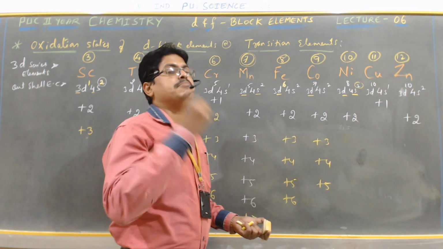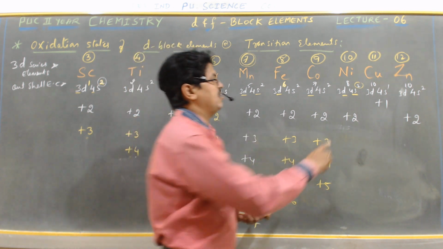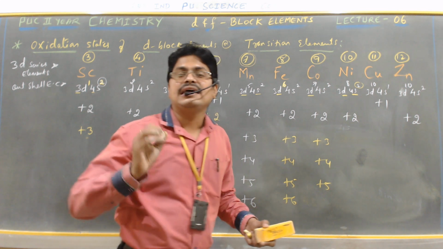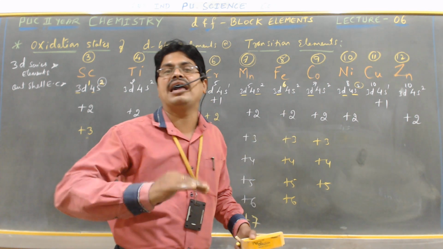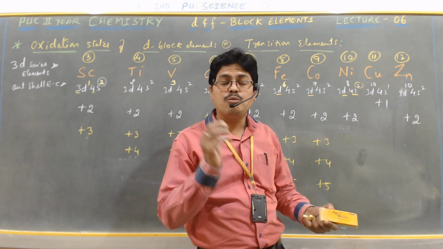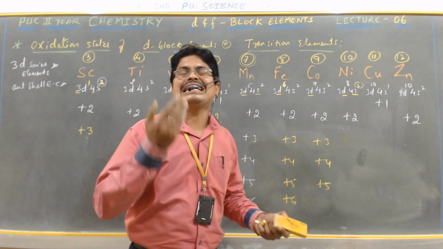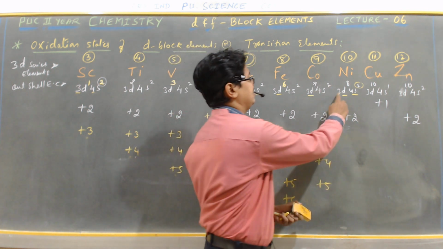The maximum oxidation state is equal to the sum of the number of s electrons plus the number of unpaired electrons in the d orbitals. So how many unpaired electrons are there in the d orbitals of nickel? Look here, 3d8.